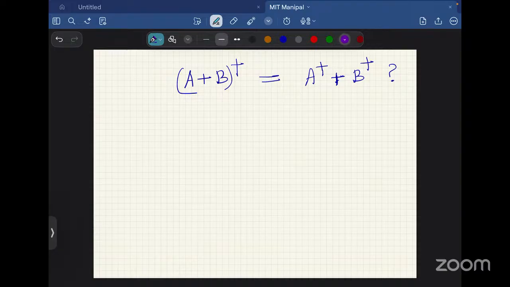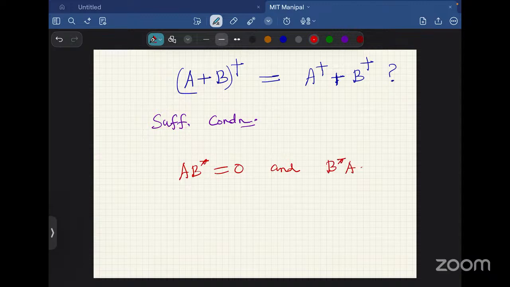People started finding several characterizations for when this relation holds good, and there are several sufficient conditions for this. One of the sufficient conditions I will simply write. If A B star is equal to 0 and B star A is equal to 0, then we can expect this relation to be true.